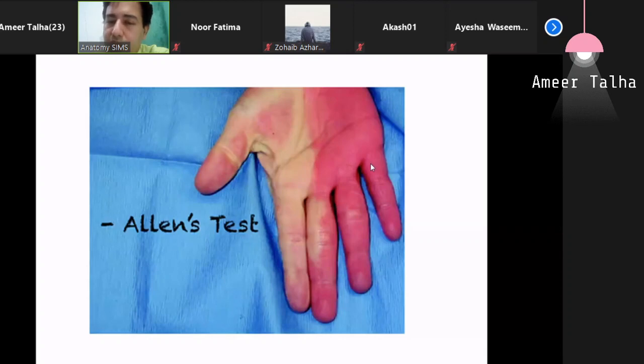If there is a delay in the redevelopment of redness of the palm, or the palm does not become red after 5 to 10 seconds, that would show the artery is stenosed, which is not supplying the blood properly. So this is the Allen's test.